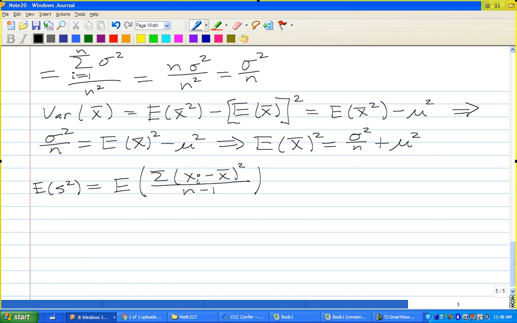And so this is equal to the expected value of the sum i equaling 1 to n of x minus mu squared, all over n minus 1.